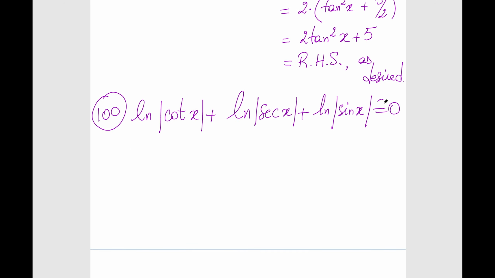Well, the left-hand side is equal to, if you recall one of the properties you learned in college algebra, ln of a product. How about we write it like this? ln of a plus ln of b is equal to ln of a times b, right?